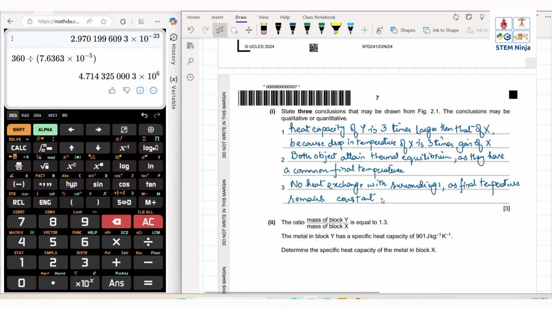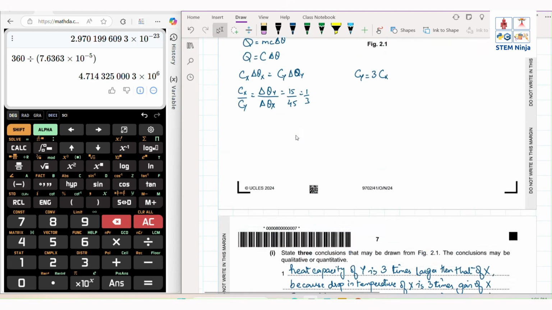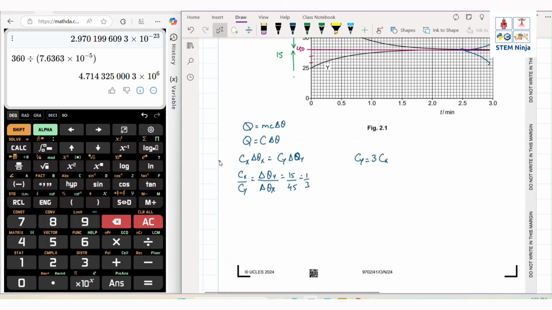That's it. All right. The ratio of the mass of block Y to the mass of block X is 1.3. The metal in block Y has a specific heat capacity of 901. So determine the specific heat capacity of the metal in block X. Okay, so we saw this over here also. We are going to use a similar version of this equation, but with the specific heat capacity instead.